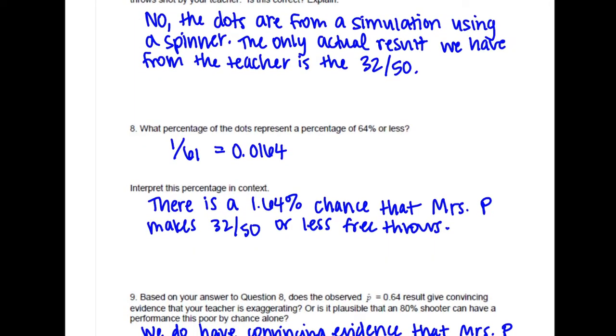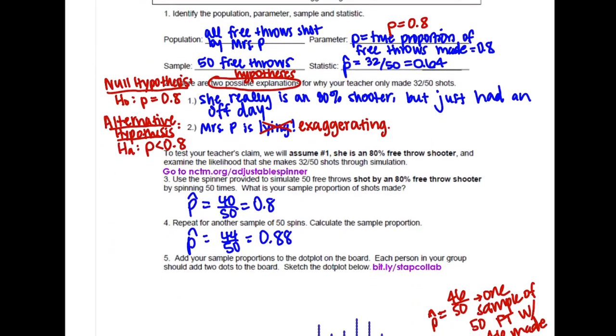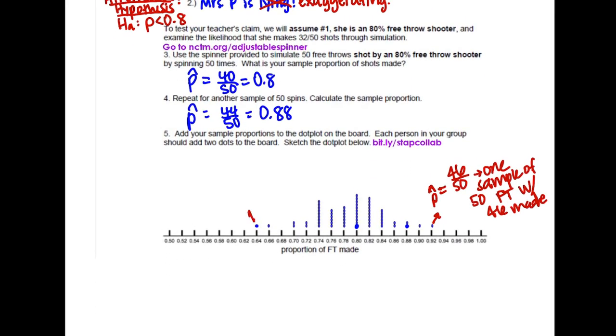So what percent of the dots represent a percentage of 64% or less? We're going to look back at that dot plot to show you that. So we had 61 dots on here, and then this was Miss Pendleton's results. And what we want to see is this dot plot shows what 80% free throw shooters are able to do.